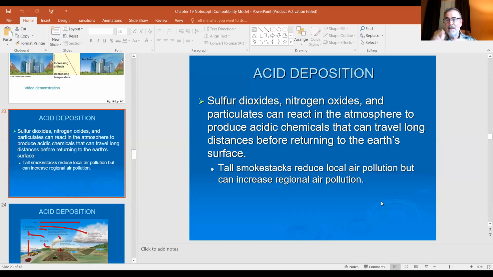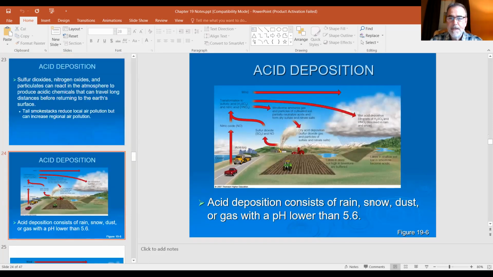Those acids then can fall and be deposited. It might be acid rain or acid fog or acid snow, and so we can just call it acid deposition. Again, acid deposition consists of rain, snow, dust, or gas with a pH lower than 5.6. So again, it's formed, it blows in the air, it reacts, and then it falls down wherever it does.